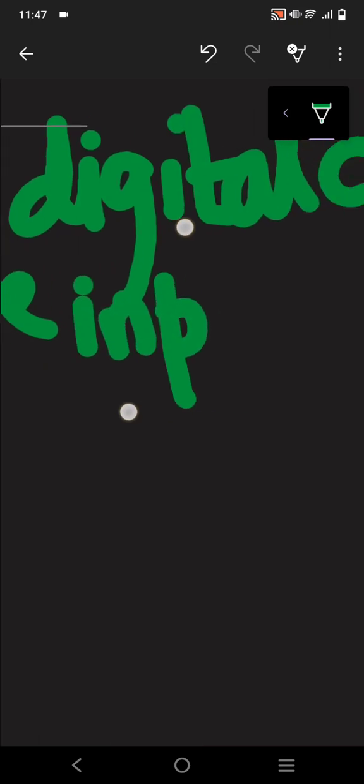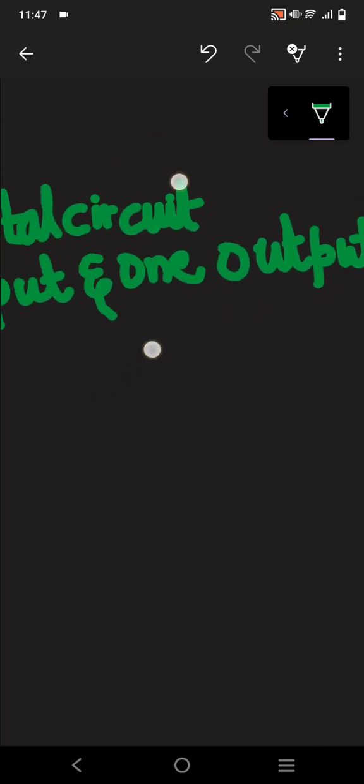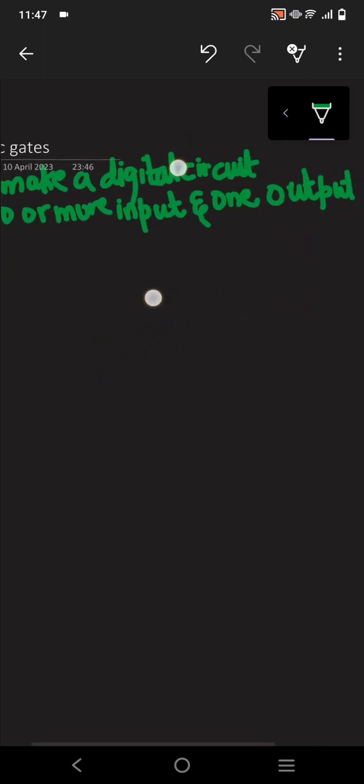We'll prove that two or more inputs and one output. Okay, so there will be two or more inputs but one output.